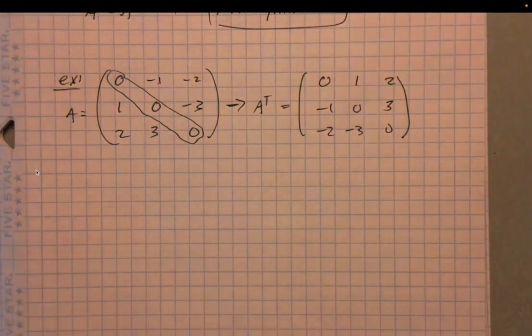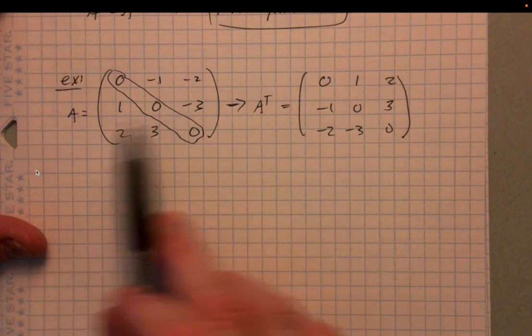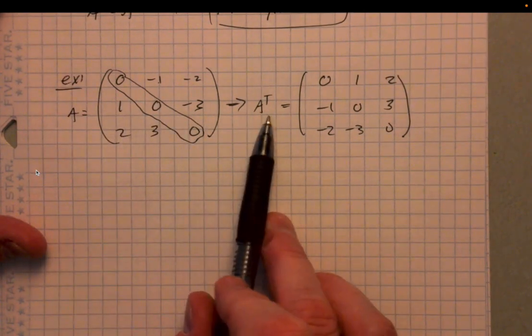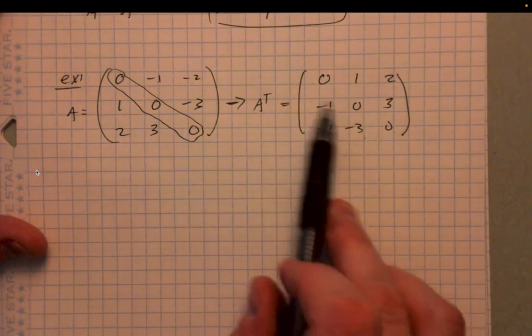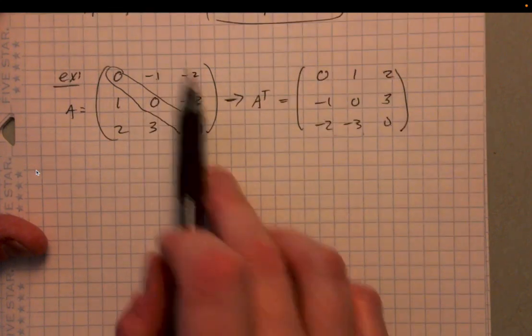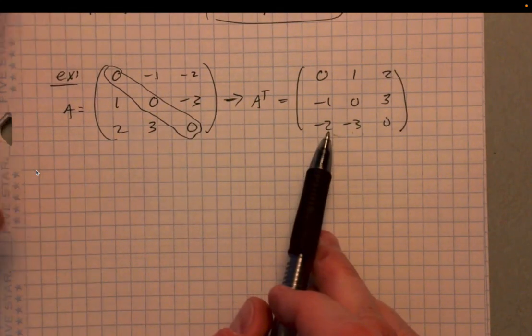So skew symmetric means that the symmetric elements are plus or minus each other, or they're negatives of each other. They're inverses of each other. So when you transpose A, you see all the negative entries drop down into the lower sections. They start at the top and they end up in the lower section.